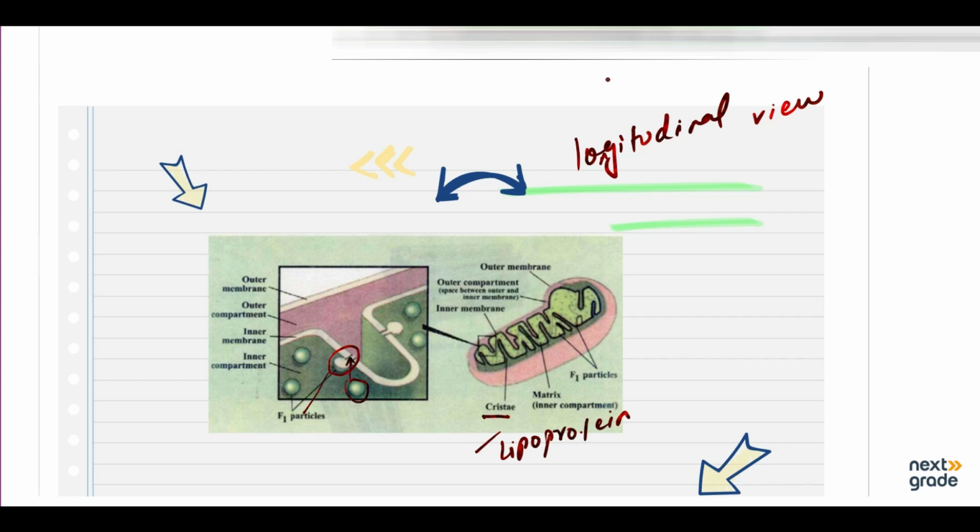So mitochondria extract energy from different components of food, right?